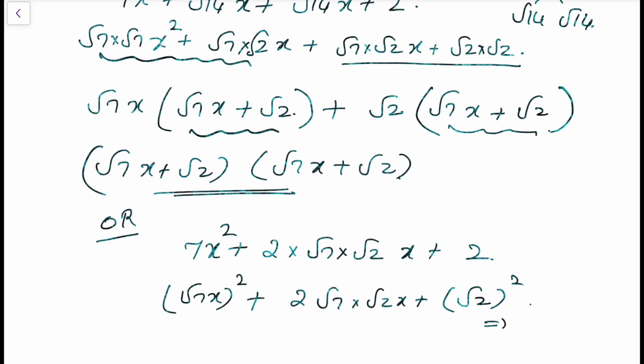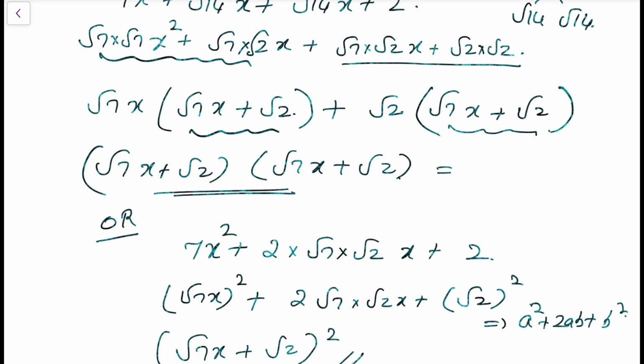Now, this is of the format a squared plus 2ab plus b squared. So, either way you can do it. So, this will become root 7x plus root 2 the whole squared. So, this is also actually root 7x plus root 2 the whole squared. Hope it is clear.